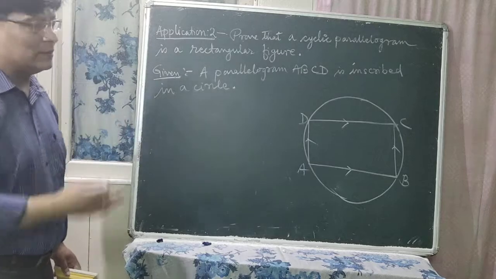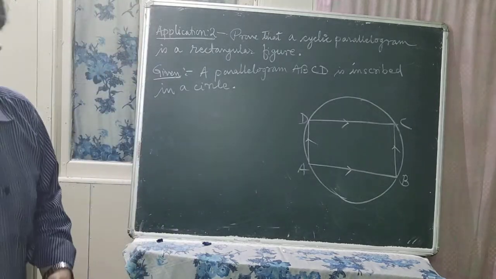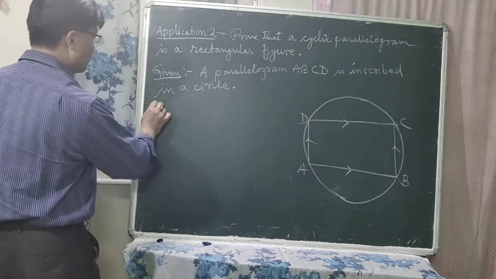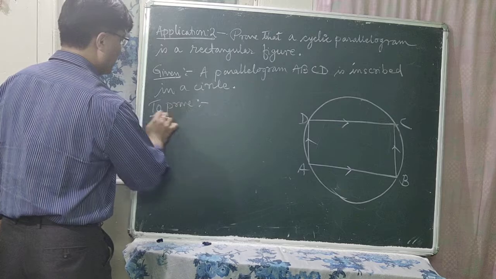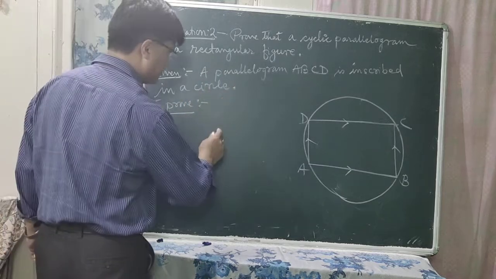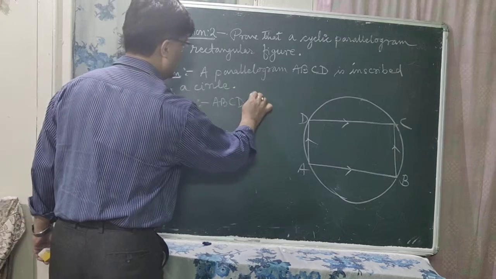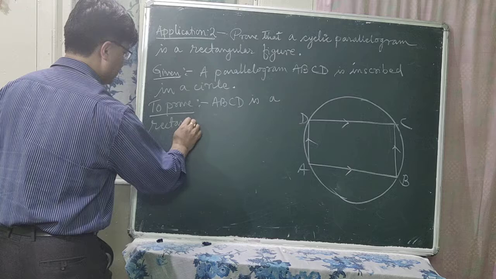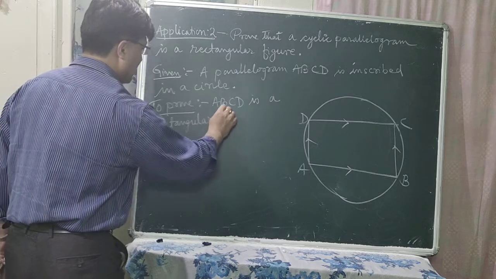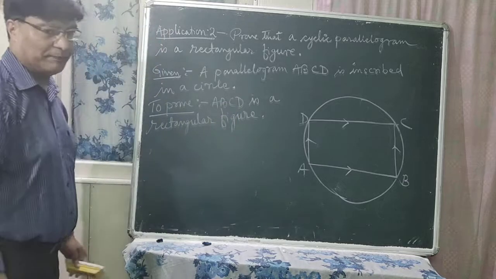That's why this parallelogram is known as a cyclic parallelogram, right? So next, to prove, what is to be proved? ABCD is a rectangular figure.